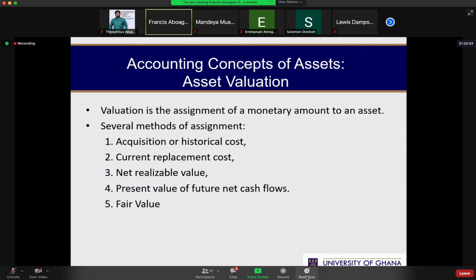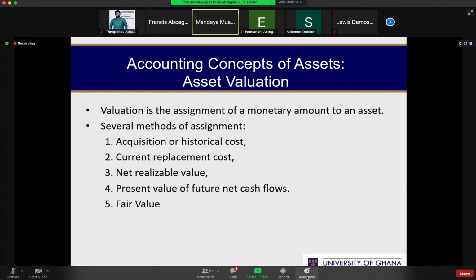So based on cost, the value will be 50,000. But we are told that there are new discoveries, and because of that, we can only sell it at 70% of the selling price. And the selling price is 8 cedis.